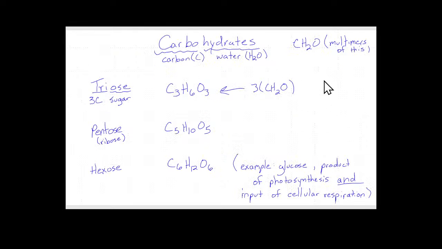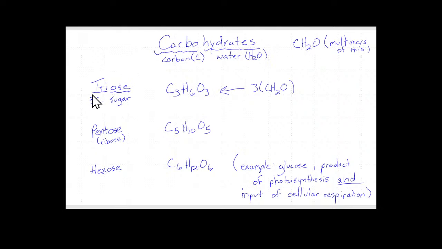Okay, carbohydrates. Carbo indicates that there's going to be carbon in these molecules, and hydrates indicates that there might be some water. If we jam that all together, we get CH2O. Carbohydrates have different numbers of carbons, and depending on the number of carbons, we'll multiply the H2 and the O by that number of carbons.